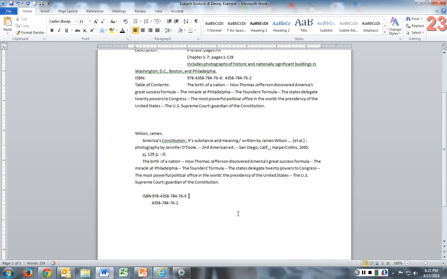There's an algorithm that you run these numbers through, and if the last number is correct, then it's a correct ISBN. If the last number is not, then it's not a correct ISBN.